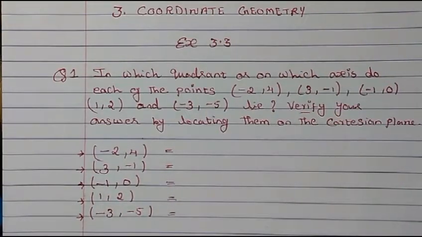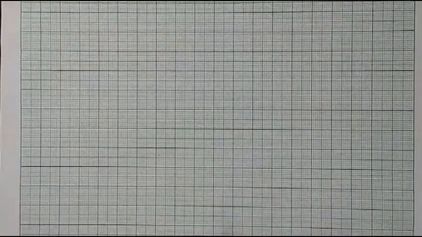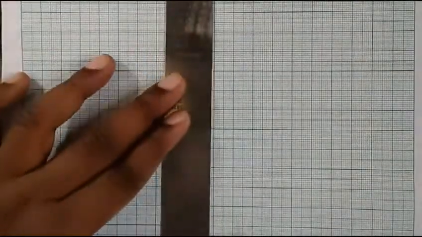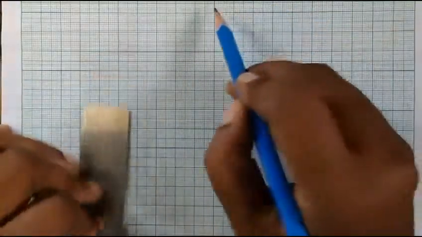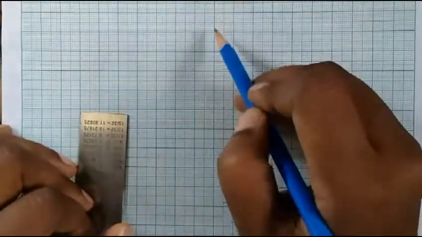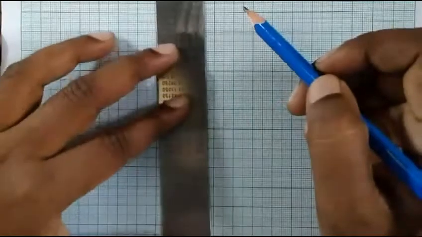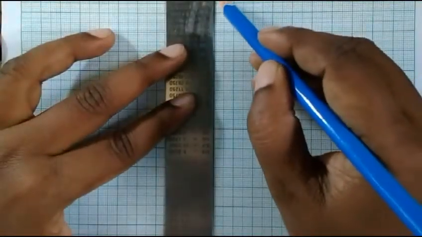So you will take one graph paper and then you have to draw the x-axis and y-axis. So let's draw on these dark lines only. You have to draw the line.